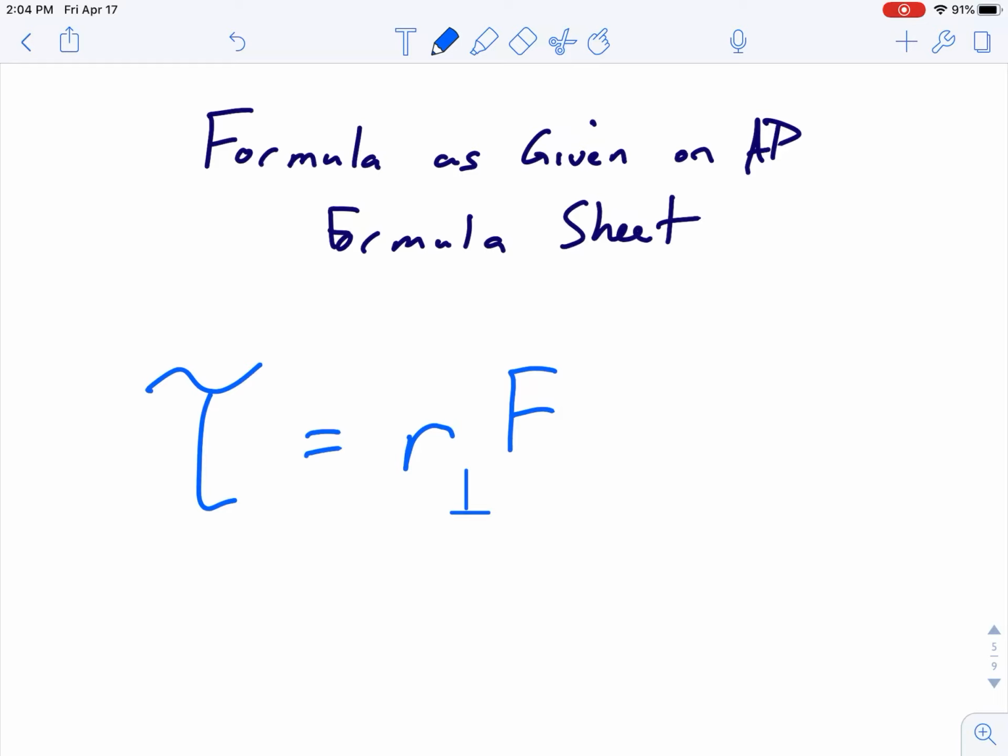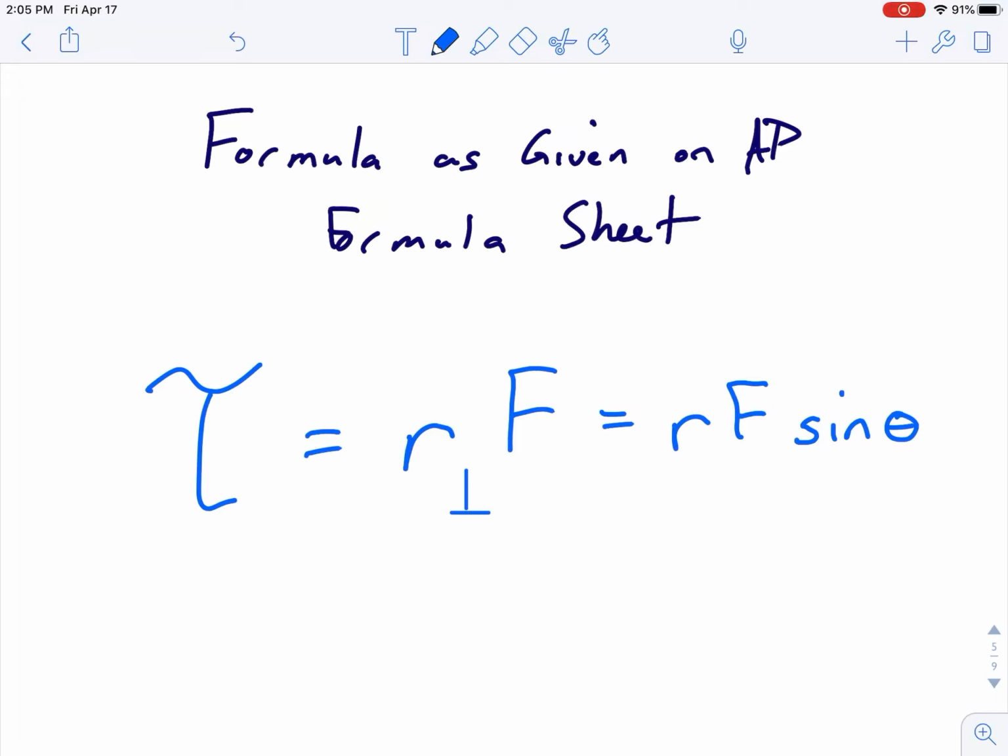But if you get an angle that's not 90 degrees, what that means is that you have to take that angle into account, and r perpendicular to f, finding the perpendicular parts of those vectors to each other, basically boils down to doing r times f times the sine of the angle between the two vectors.